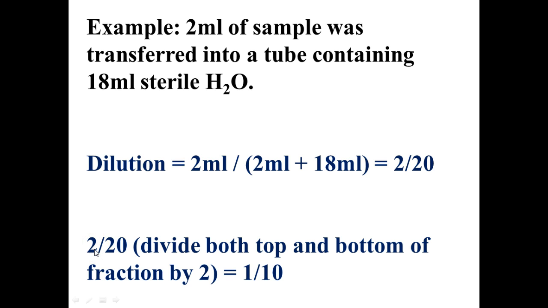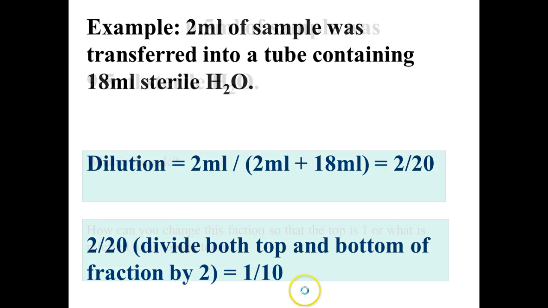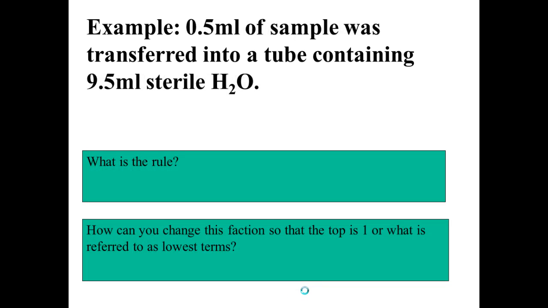So you could divide both the top and the bottom by 2, and you would get 1 over 10. That's probably the easiest way, to divide both the top and the bottom by the number that's at the top. Of course, math is great because you can do things different ways and get the same answer. So if you were taught a different way, as long as it works, that's fine.